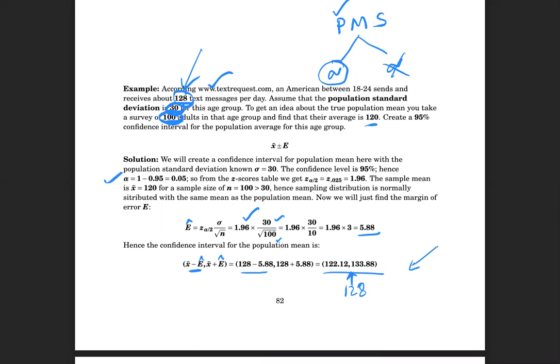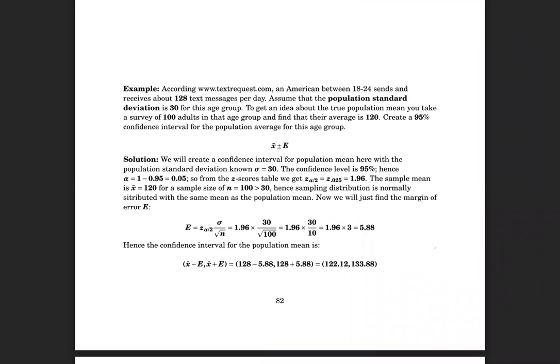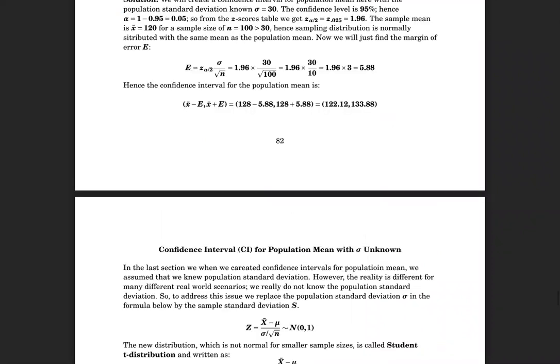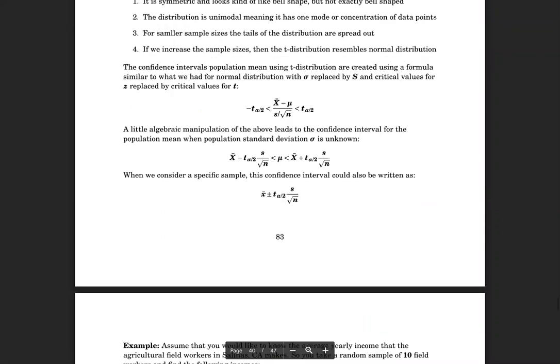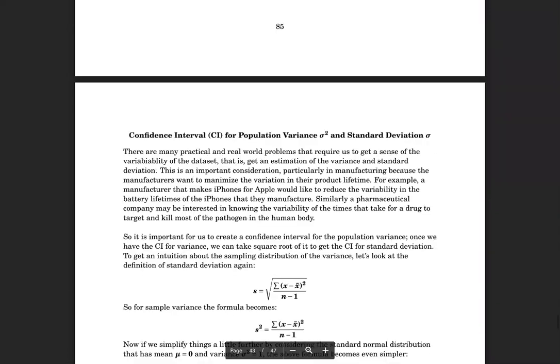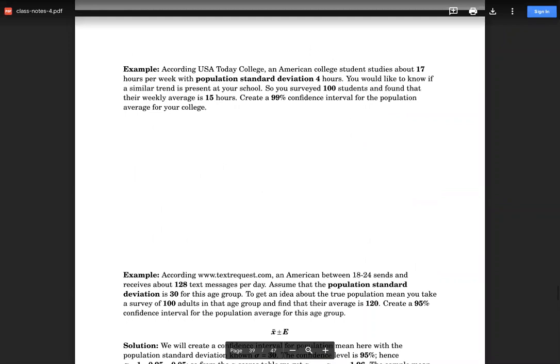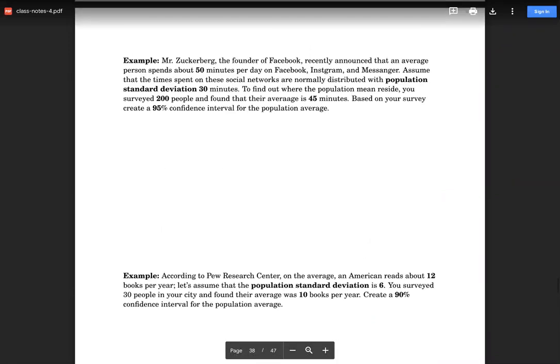That means when you know sigma. Now in the next class, which is going to be on Monday, and we have a test on Wednesday, isn't it? Yeah. In the next class, I'm going to talk about the second case when you do not know sigma. And I will not cover anything more than that for the next class, just to make you feel at ease for the midterm.